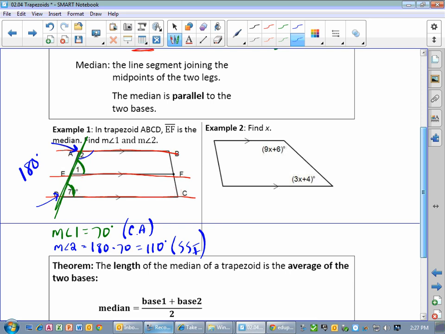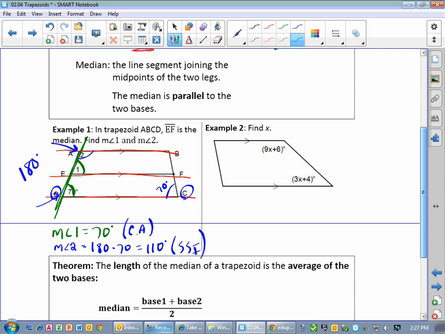Notice this top angle right here and this angle right here will always be supplementary. Now just to be clear, consecutive angles, so this one right here, C, is consecutive with D. Are they supplementary in a trapezoid? Well, add them up. We don't know what this angle is doing. Let's say this one is 70. If this is 70 and this is 70, they add up to 140, right?